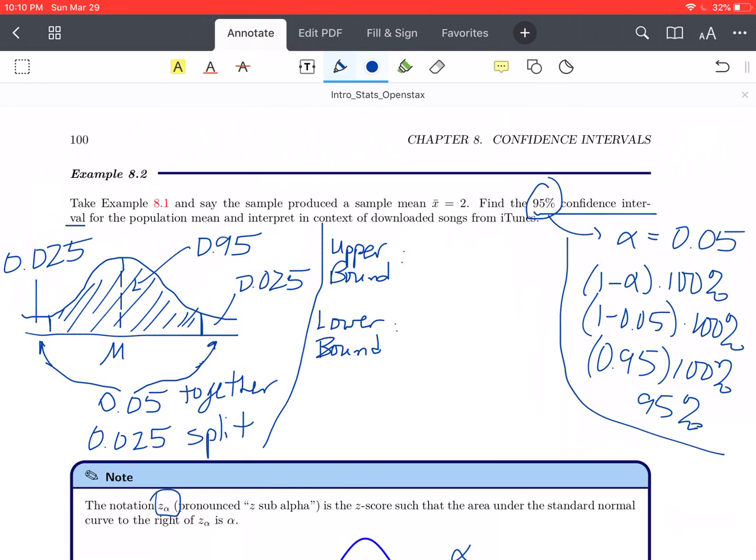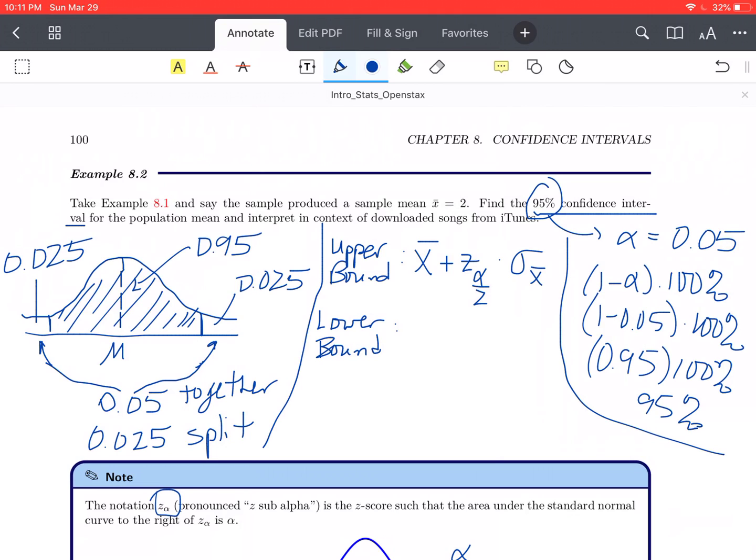Okay, so what we're going to do to get these bounds is, for the upper bound, we take x bar, so that point estimate, plus z sub alpha over 2 times sigma sub x bar. So we're going to take our sample mean, right, that point estimate for the mean, plus z sub alpha over 2.